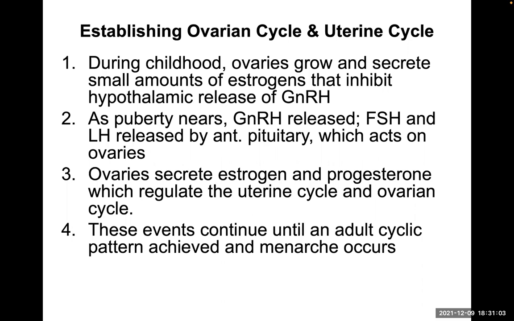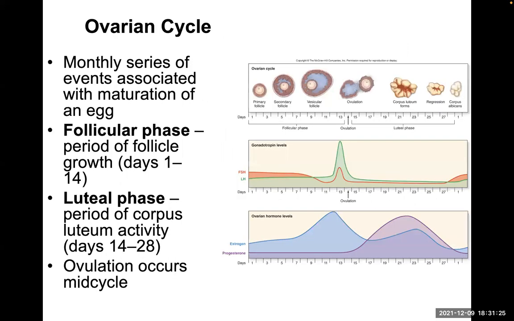I'm bringing this up because this is one of the ways in which birth control works. There are hormonal birth control methods, like certain birth control pills, that keep estrogen and progesterone levels high enough that the LH spike is prevented. And so ovulation does not take place.